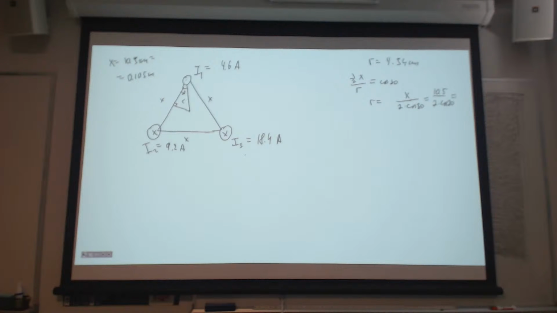Oh, really? I had done 10.5 times the sine of 60 divided by 2. Well, I'm using the triangle that has a half of x, r, and this side, and this angle is supposed to be equal to a half of 60. Because all these angles are 60, and this is a half of it, so 30.